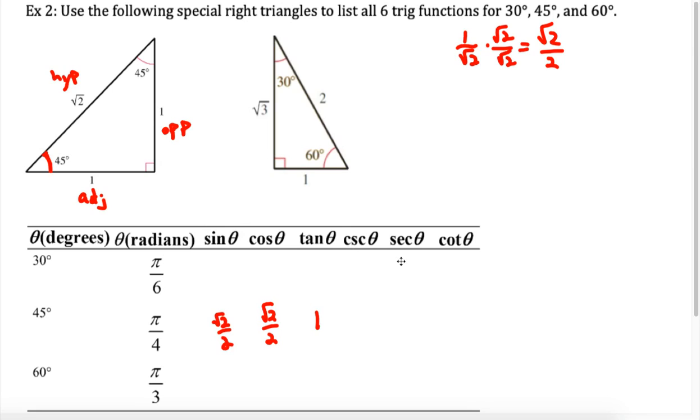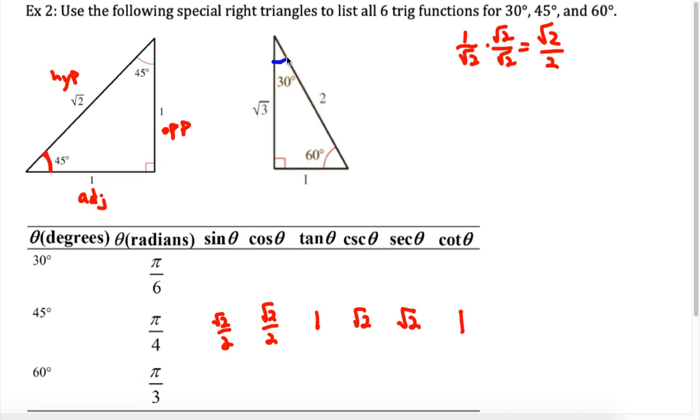So we said that that was 1 over the square root of 2. So the reciprocal of that would be the square root of 2 over 1. Same with secant. And then cotangent is the reciprocal of tangent. The reciprocal of 1 is just 1. So let's come over here then and do the same with 30 and 60.